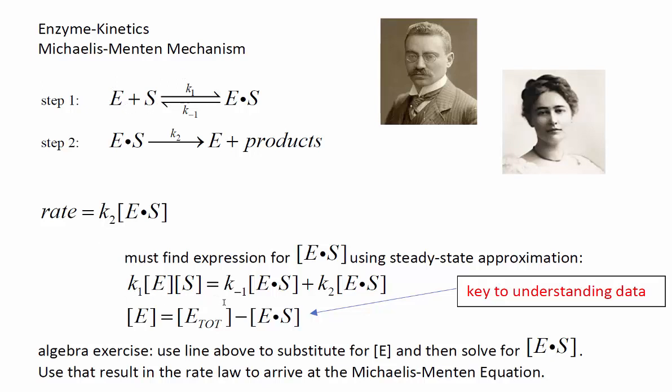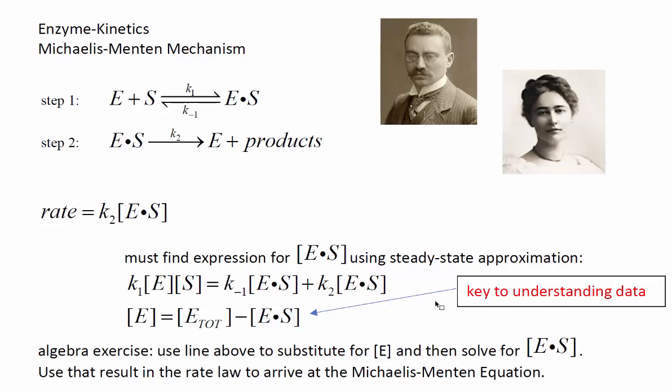The depletion of the complex would be given by two components, because there is first the reverse reaction of step 1. That's represented here as K minus 1 times the complex. And then also there's the depletion when the products form in the second step. So plus K2 times E dot S.